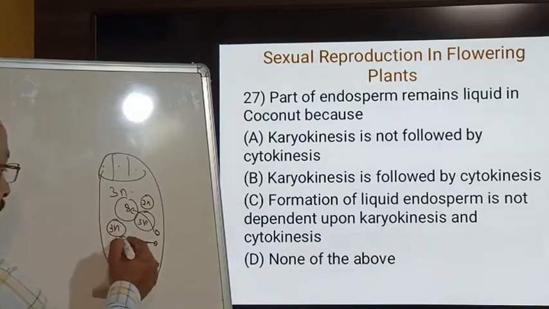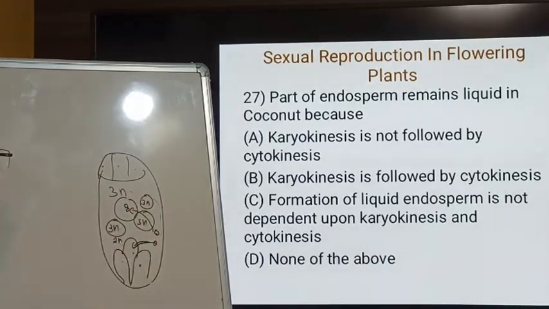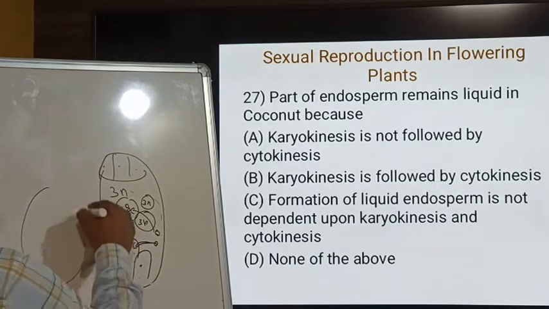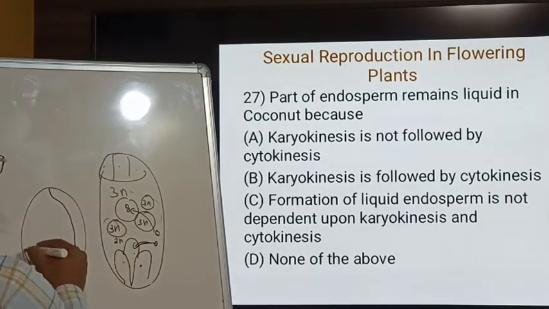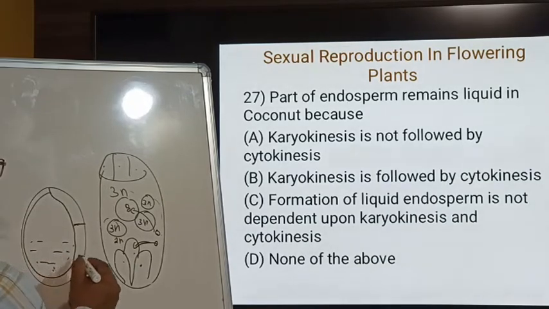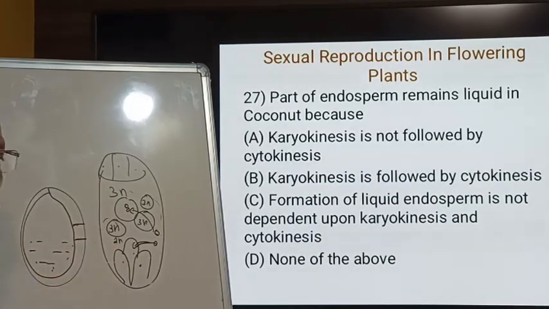So after the free nuclear division leads to the formation of liquid endosperm, later cell wall deposition takes place. So this is what the kernel we see. The liquid is the product of free nuclear endosperm and this is the cellular endosperm.